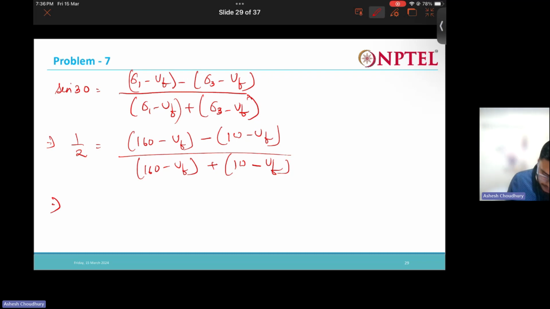Isn't it? Here you cancel 160, 160 minus 60, so 160 minus 60 is equal to 120, which is equal to 260 minus 2u_f.